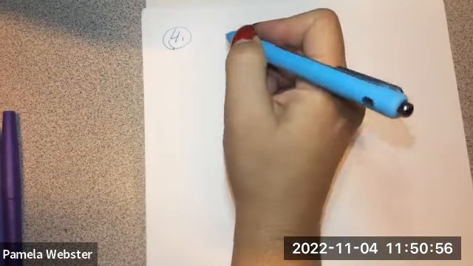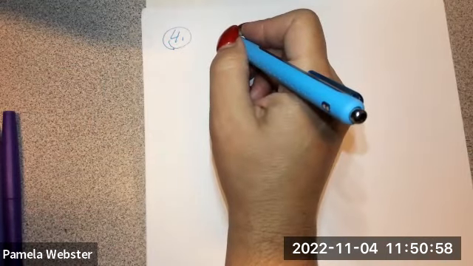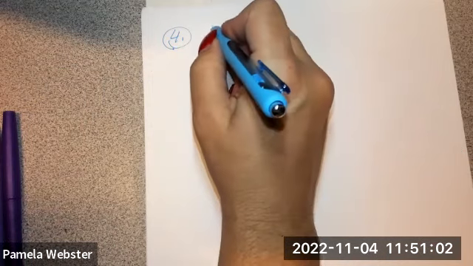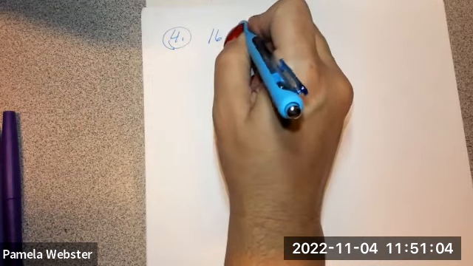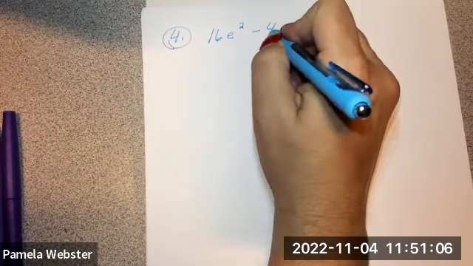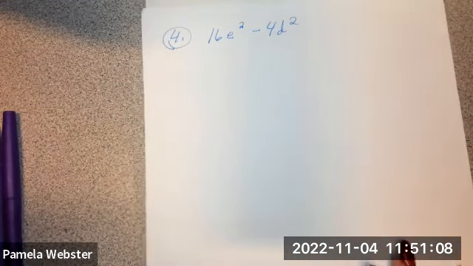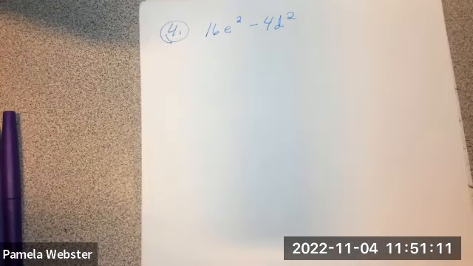So my fourth example here, I've got 16e squared minus 4d squared. And you can look at that and you can say, oh, that is definitely a difference of squares. But I also look at it and I say, but wait, 16 is divisible by 4, right?